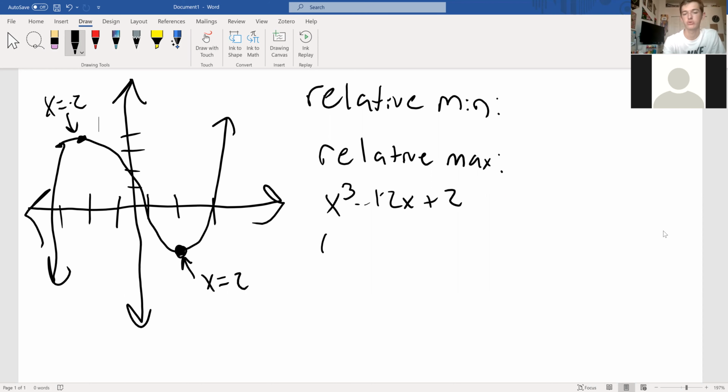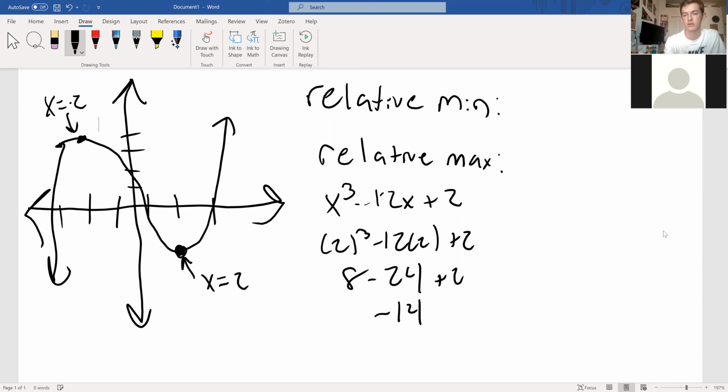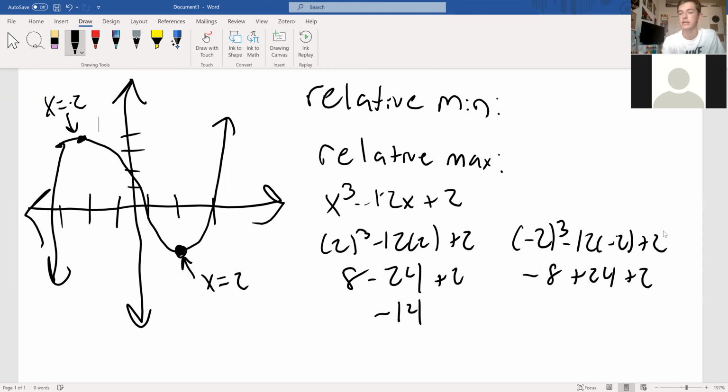I plug in 2. It would be 8 minus 24 plus 2, so that turns out to be -14. If I do the same for my -2, I get -8 plus 24 plus 2, and that ends up being 18.